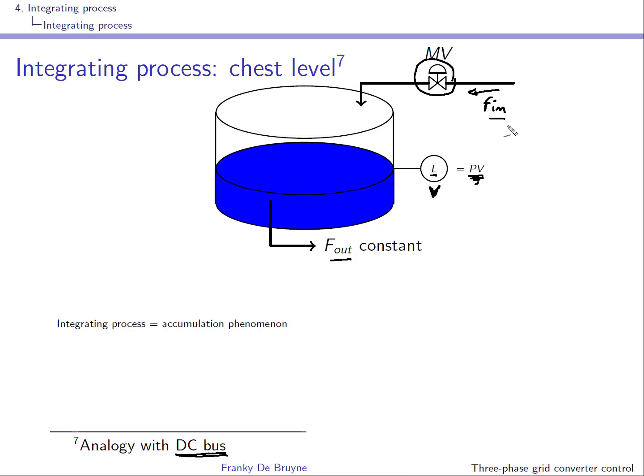The flow will be replaced by a current, an input current in this case, and the output flow will be replaced by an output current. Very different processes, but same behavior in terms of the model, and also same kind of tuning for the controller parameters, as we'll see later.